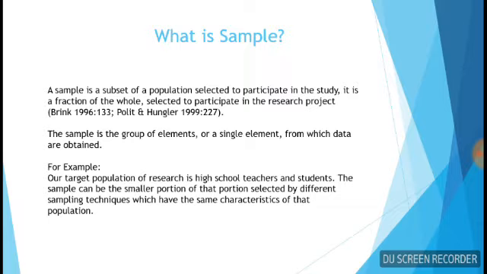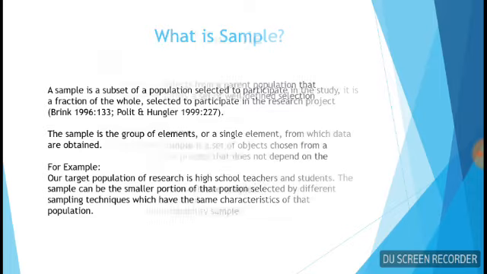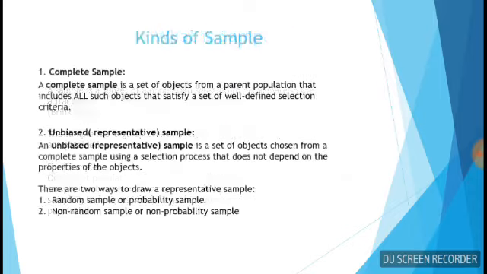The sample is a group of elements or a single element from which data are obtained. For example, our target population of research is high school teachers and students. The sample can be a smaller portion of that selected by different sampling techniques which have the same characteristics of that population.